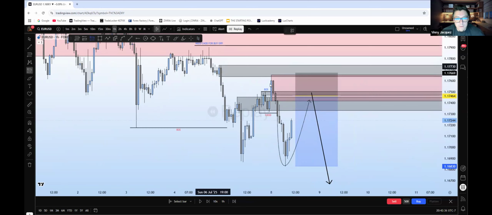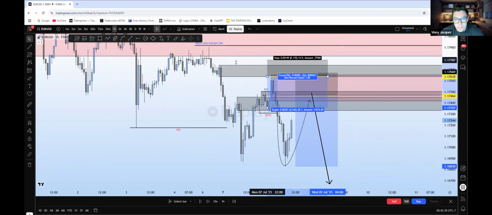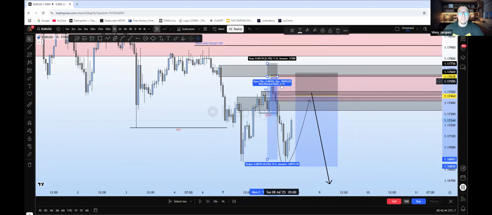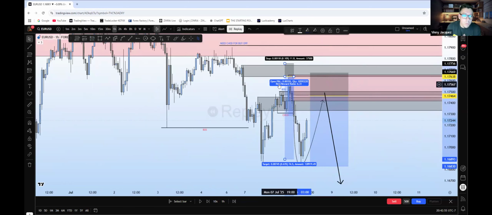If I took this where I should be, and I smack TP, which I did, I'm up 6% on this trade. So technically I'm up 5, right? I'm down 1. I came up 6. I'm up 5. Bro, stop worrying about the loss. Stop worrying about the loss, guys.